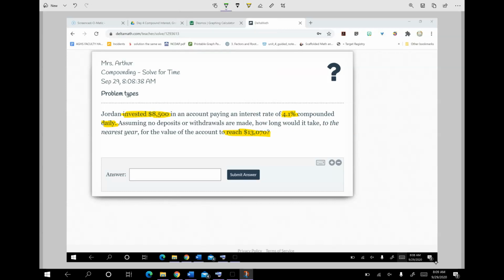Okay? All right. So our formula is A equals P times (1 plus R over N) to the NT. I told you invested is your P. Rate, you got to move that decimal place 1, 2. So it's 0.041. Daily, how many days are in a year? N will equal 365.